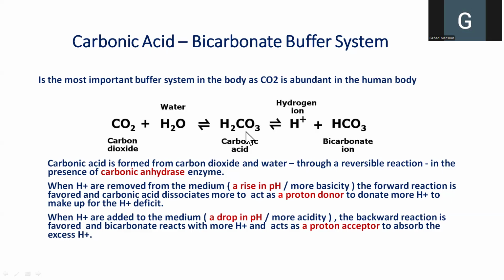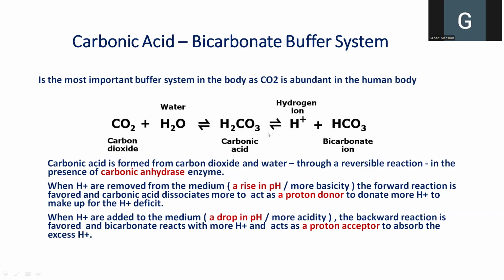It weakly dissociates into protons and bicarbonates. And because it weakly dissociates, this means that it is incompletely dissociated, and that we are going to use this double arrow between carbonic acid and the products, which are the protons and the bicarbonate ions.